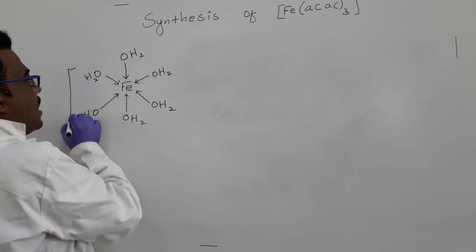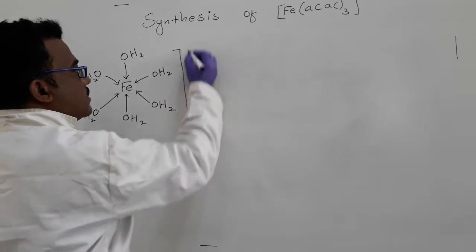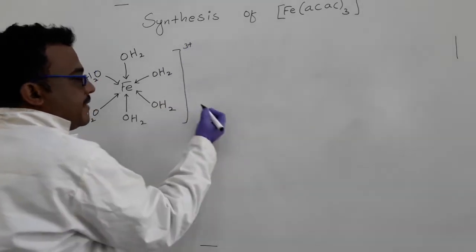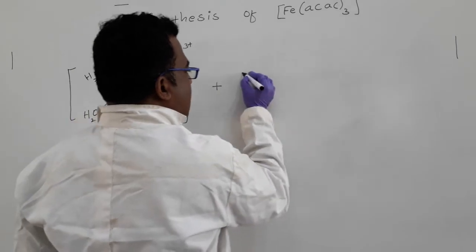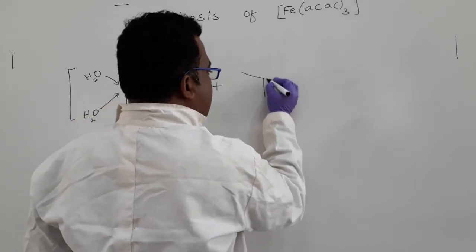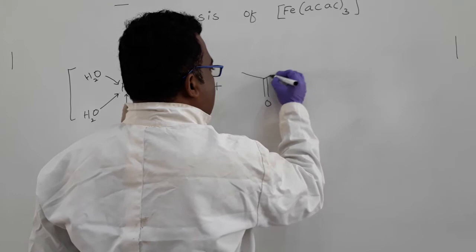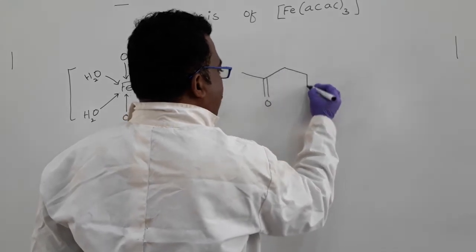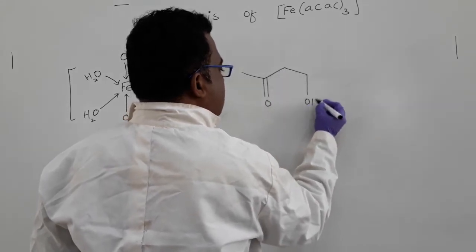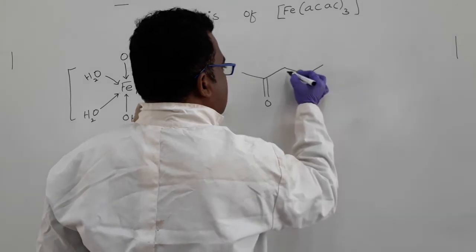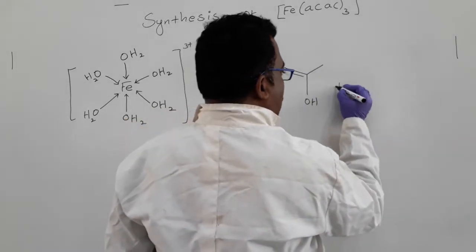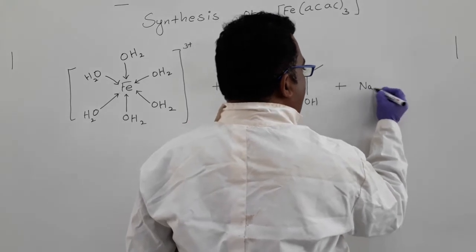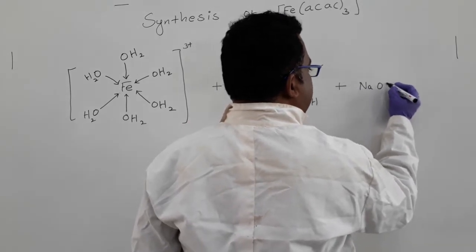The overall charge is 3 plus and the counter anion is chloride, which reacts with the enol form of acetyl acetone and then sodium acetate.